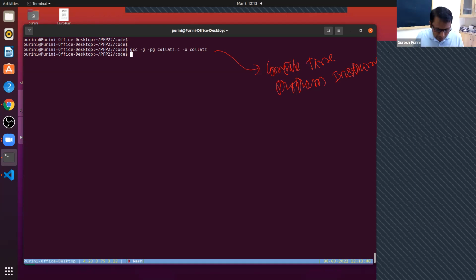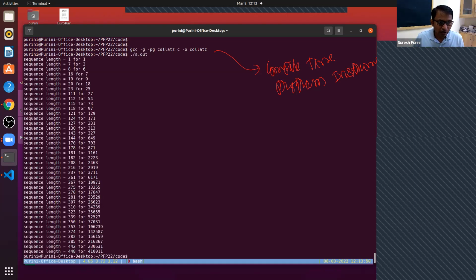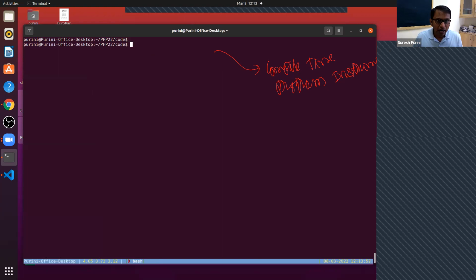Once the program is instrumented, you can run the program. After you run the program, you have to use the tool gprof on collards and gmon.out.